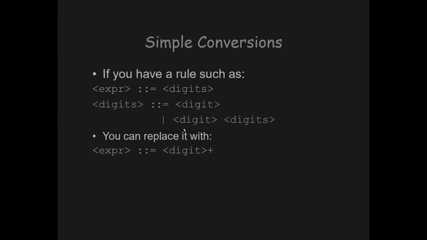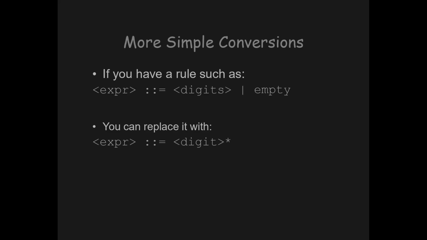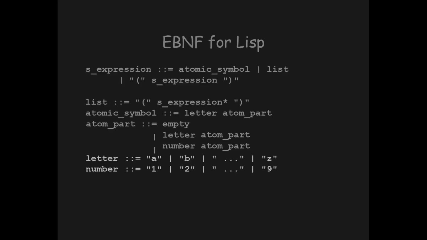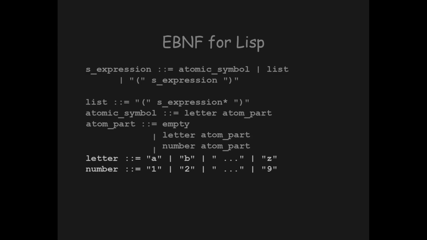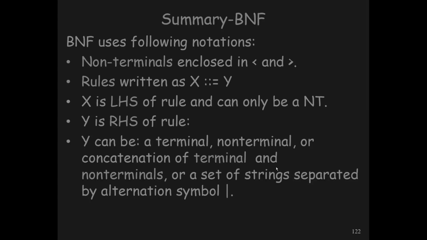Anyways, you should go through these by yourself to understand how to convert a BNF grammar into eBNF. I'm not going to bother explaining that. Just get an idea of what recursive stuff you can make a shorthand out of, like a plus.